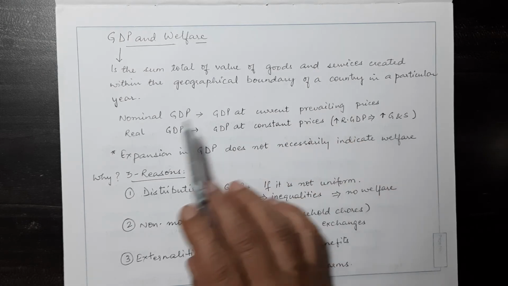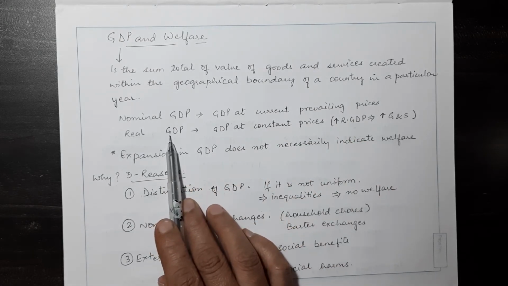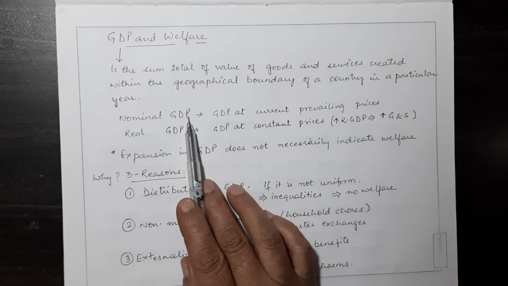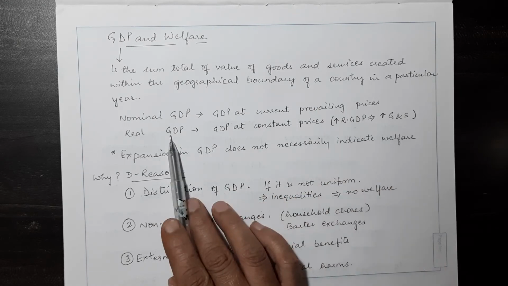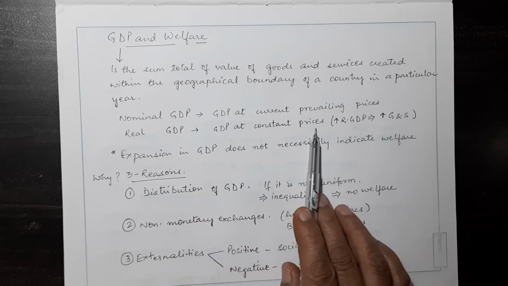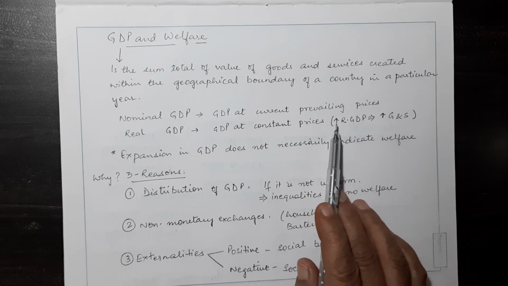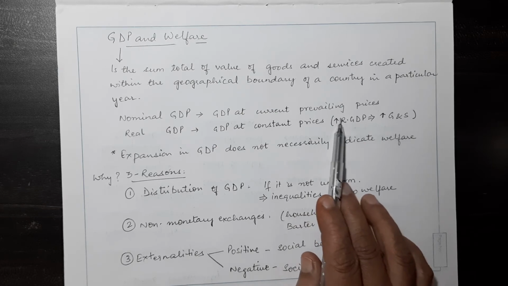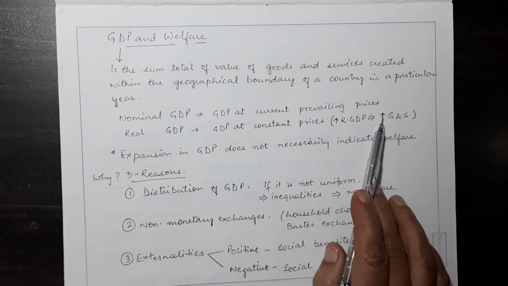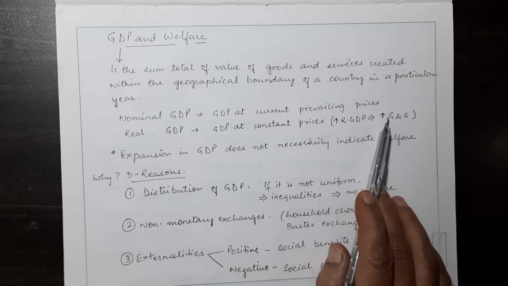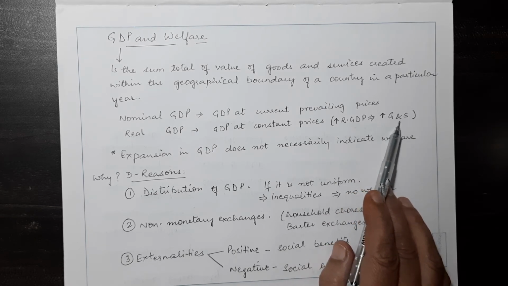Okay. Now there is nominal GDP and real GDP, and we learned that nominal GDP is the GDP at the current prevailing prices, and real GDP is that which is calculated at constant prices, that is, the base year. So what's very important is that an increase in the real GDP implies that there has been an expansion or increase in the production of goods and services.